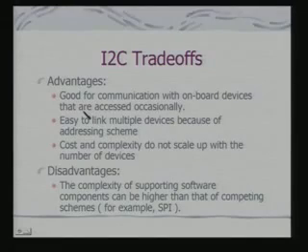So what are the advantages? Advantages is good communication with onboard devices that are maybe accessed occasionally, because if it is being regularly accessed, say a cache memory, obviously I won't like to use a serial bus because that would be delayed. But if you remember, I said that in PIC, the E square PROM has an I2C interface.